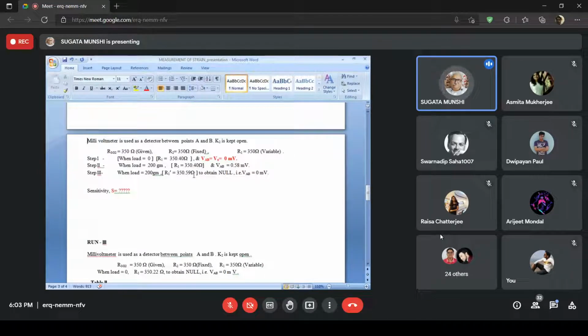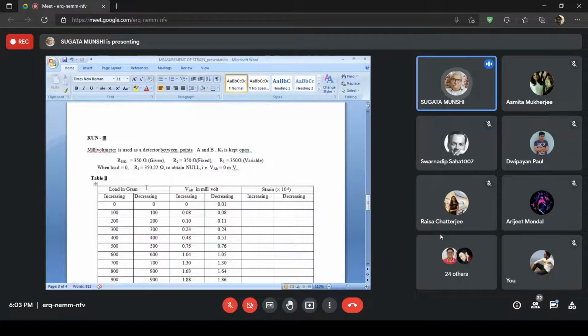That is delta R. And R is 350.4. All right. VAB by VS, VAB is 0.58. And VS I will supply. They have not written VS, it's around 6 volts. I'll supply that value. So once you get this sensitivity, you move on to run 3.